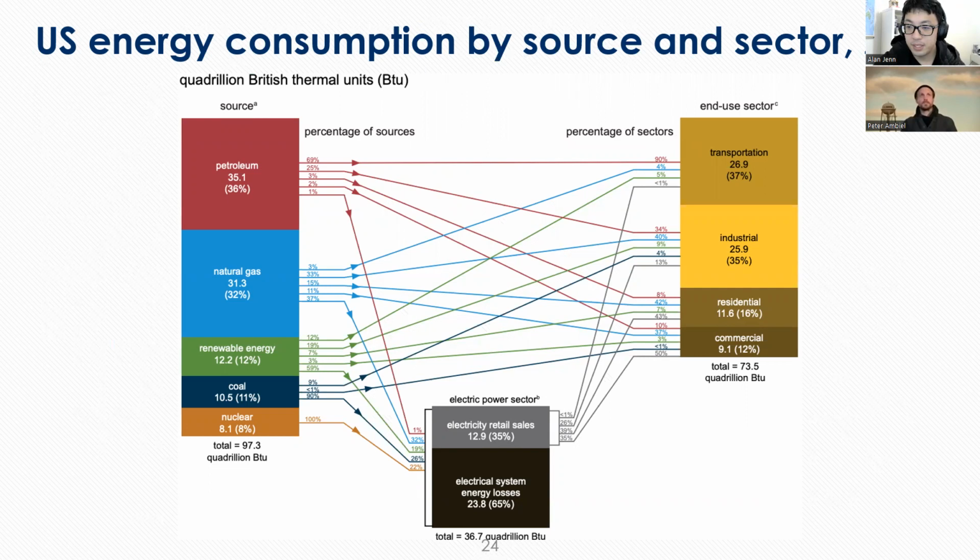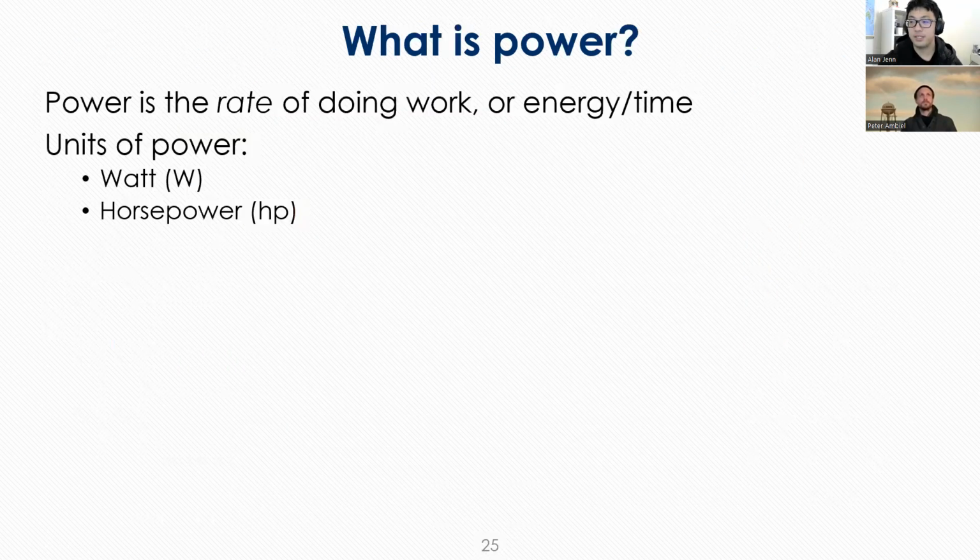So the next piece that we'll talk about is power. That is the rate of doing work. In other words, power is energy divided by time.